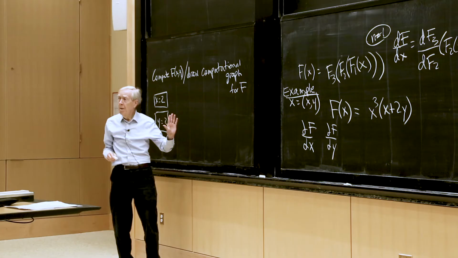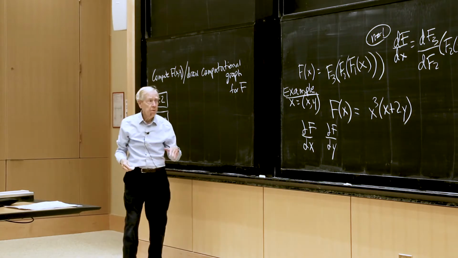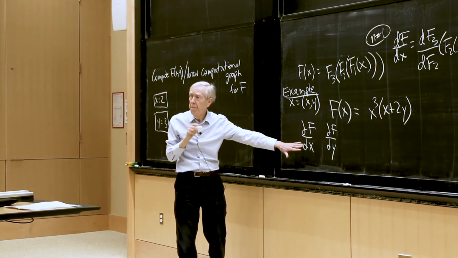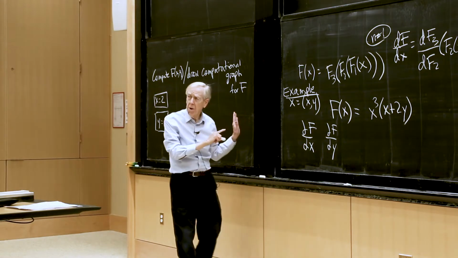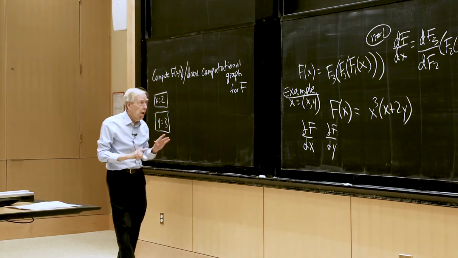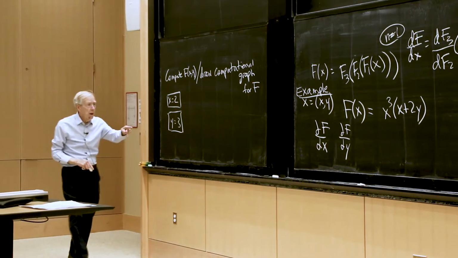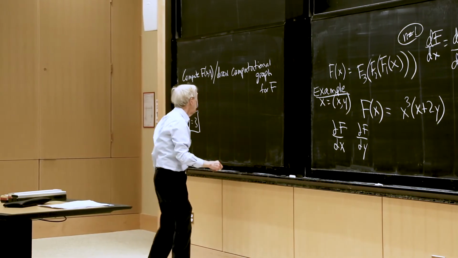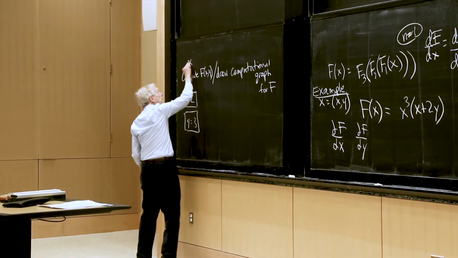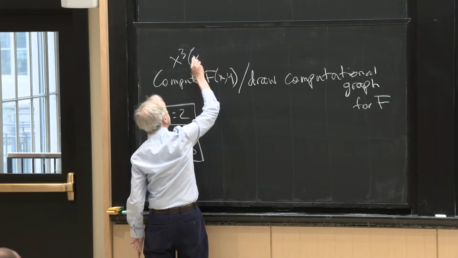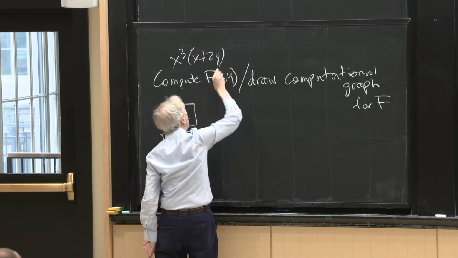And then it'll be a variation of that graph to find the derivatives. But let's just start with the graph, first of all, for the function, because we're going to need that. So again, it's x cubed times x plus 2y.